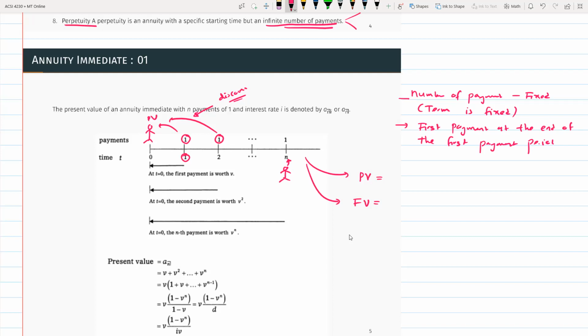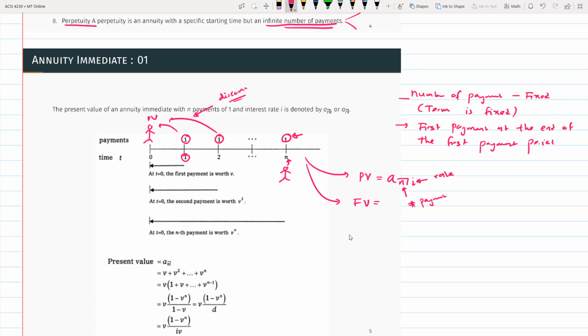Now for annuities, if the payment amount is 1, okay, this is 1. If it is something else, then we have different notation. But if the payment amount is 1, then the notation for present value is a angle n at i. So this is the number of payments, and this is the rate we use.